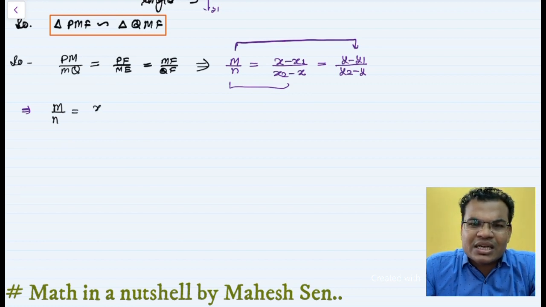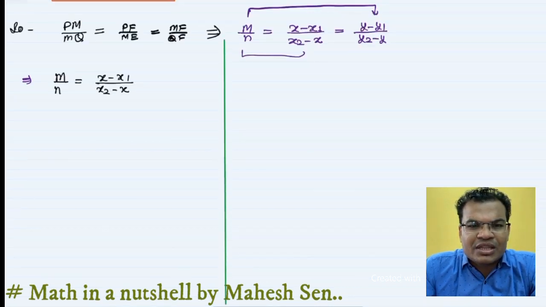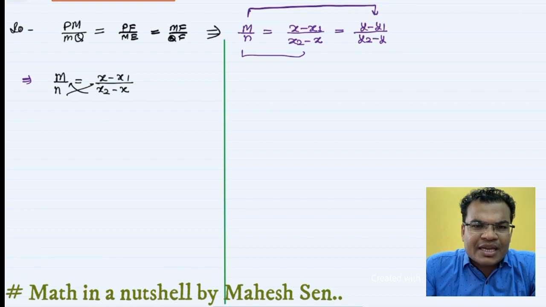m upon n is x minus x1 upon x2 minus x. We will cross multiply: x2 minus x goes in multiplication with m, and n will multiply with x minus x1. So m into x2 minus m into x is equal to nx minus nx1, multiplying directly.